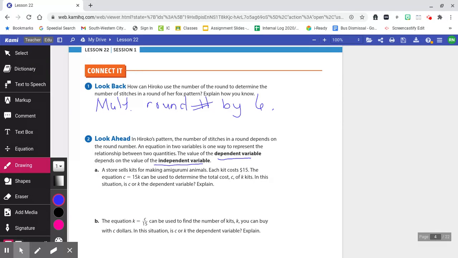You should have thought that the dependent variable is the cost, C, because the total cost depends on the number of kits I buy.